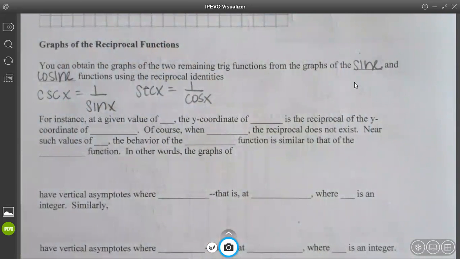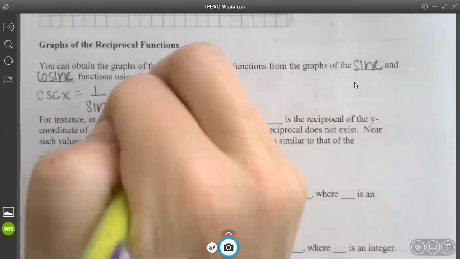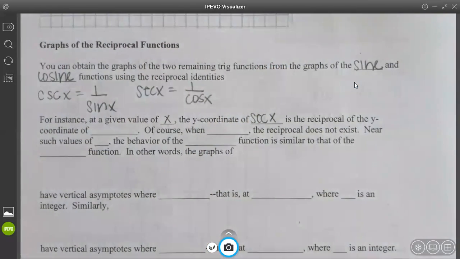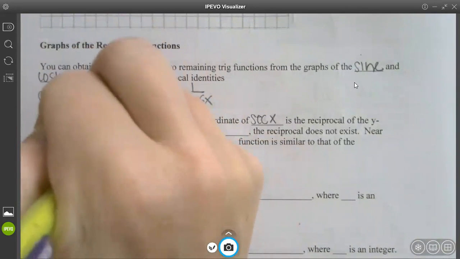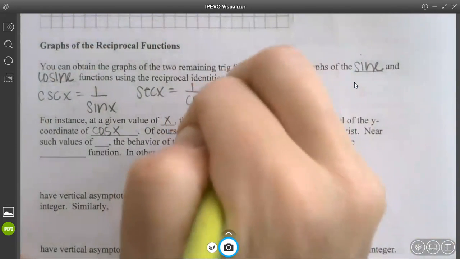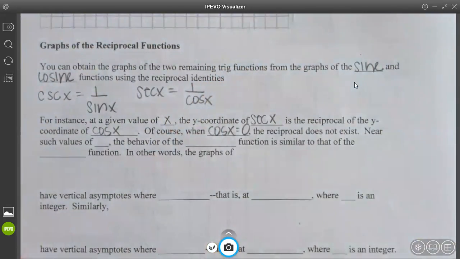For instance, at a given value of x, the coordinate of secant x is the reciprocal of the y coordinate of cosine x. Of course, when cosine x equals 0, the reciprocal does not exist. Why? Because if we try to flip it over, you're going to get dividing by 0.